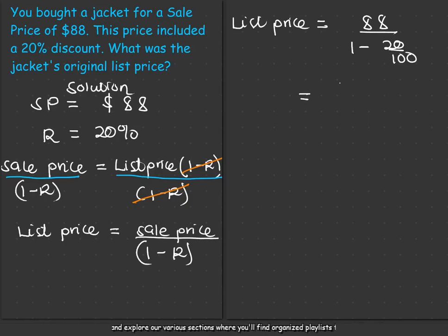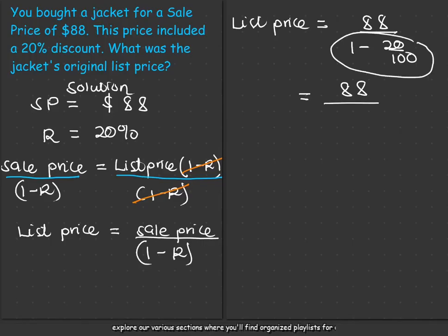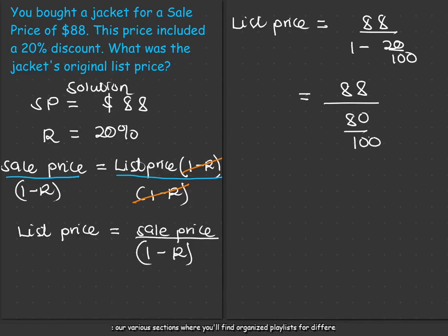If you have a calculator, you can punch this all out and then get your required answer. But since we are doing it manually, you can evaluate your 1 minus 20 over 100. You see, 1 minus 20 over 100, and that will give you 80 over 100.